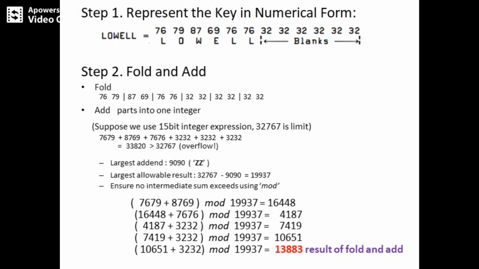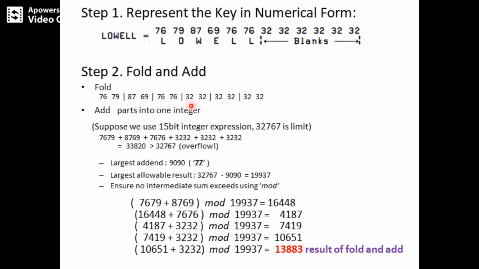Say the first two characters have 76 and 79, so I write them together as 7679. That is one fold. Next 8769, the second fold. 7676 is the third fold.